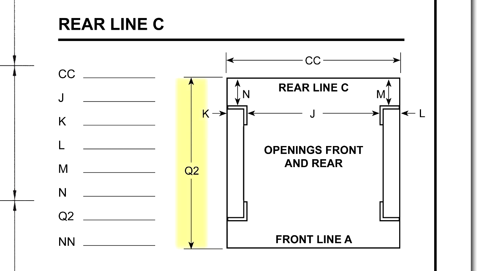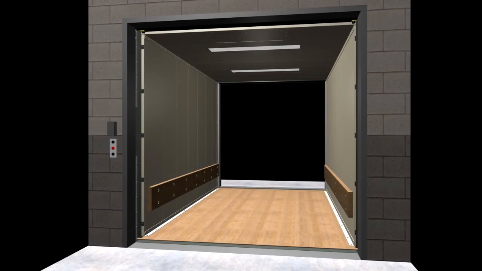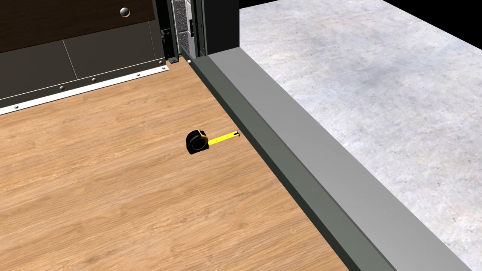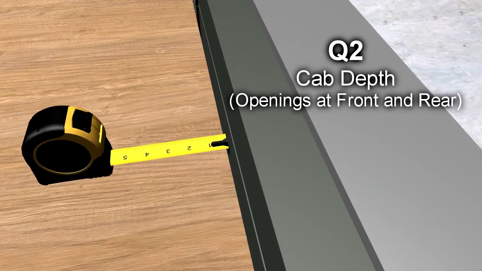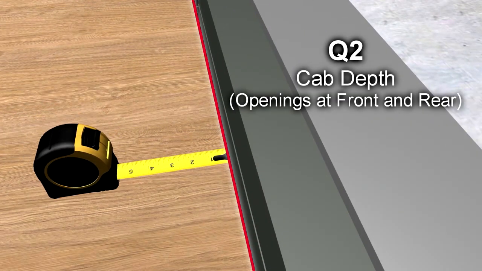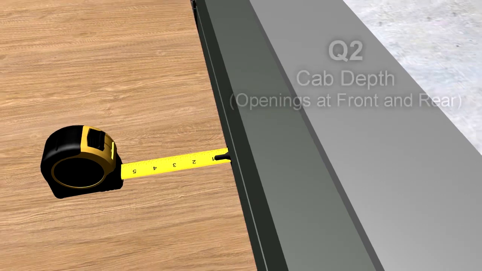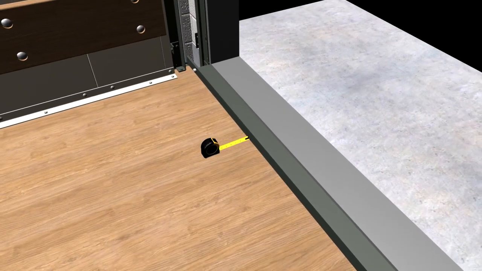Platform depth, dimension Q2. This dimension is for elevators with openings at the front and rear. Measure the distance from the rear platform edge all the way to the front platform edge.